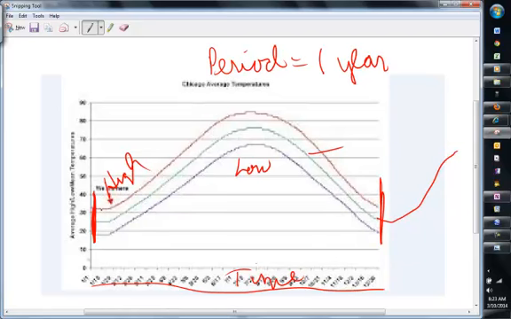Now, they've got the low temperature here as 10. So this is 10, here's 20. Looks like the average at the beginning is about 35. The average in the summer is about 75. So the amplitude, I'm going to change colors.